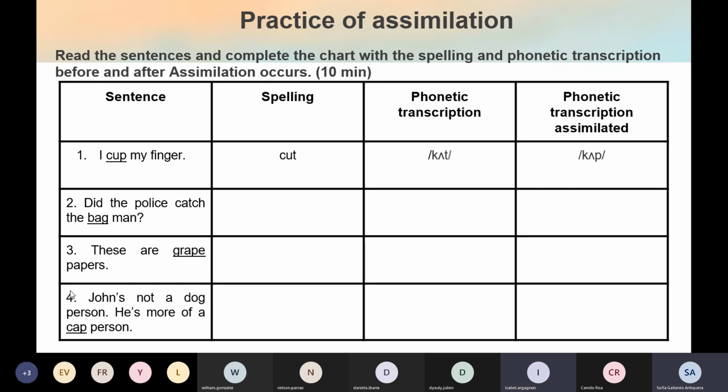Yes, I'm ready, but I'm not sure. We can try to check them, okay? The spelling is great. We're talking about number 3, right? Yes. Then the phonetic transcription, I'm going to put it in the chat, because I cannot write on the screen, so that would be ideal.